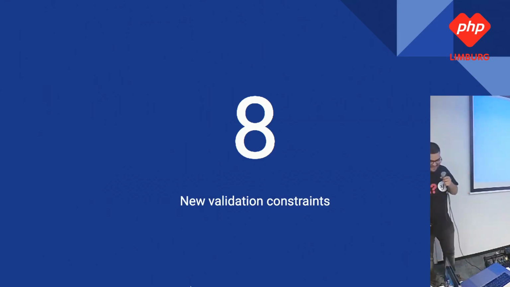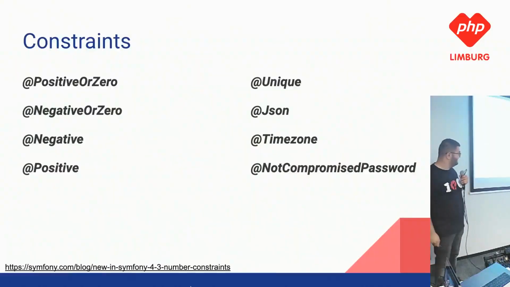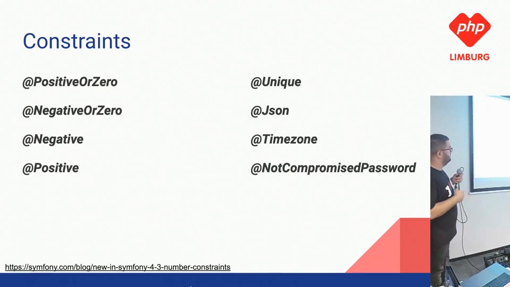There are 8 new validation constraints. The ones at the left side are mostly syntactic sugar because there are other ways to write constraints like greater than or equals, and less than or equals, etc. But on the right side, those are interesting to me.